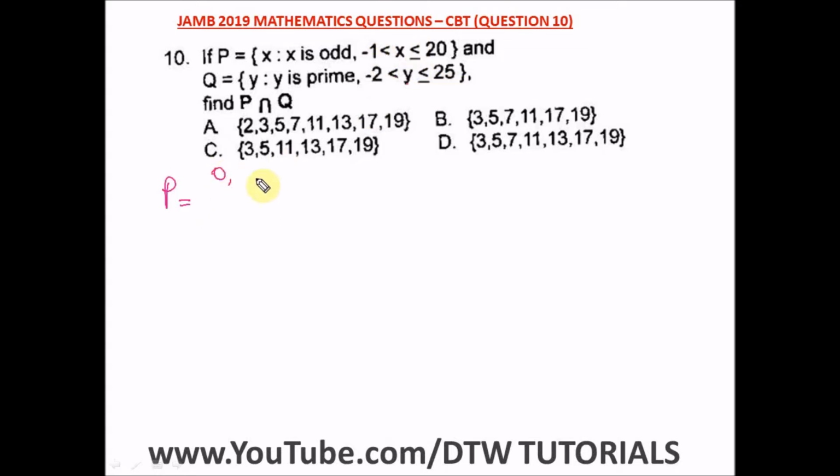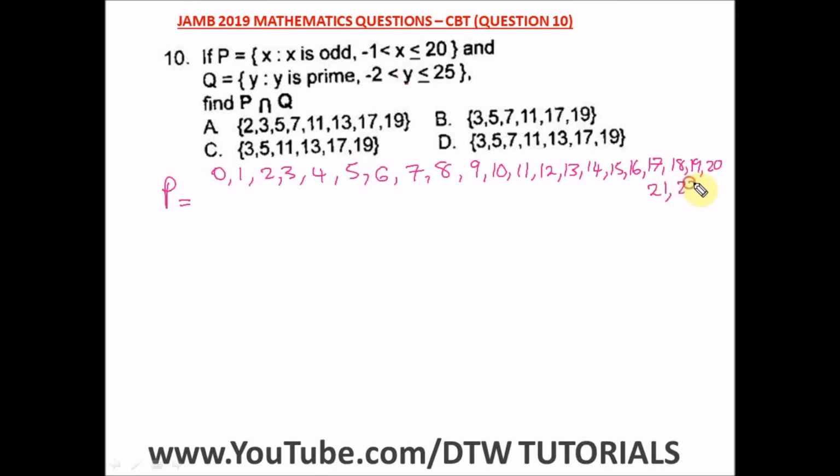We have up to 25, so let's just write 1, 2, 3, 4, 5, 6, 7, 8, 9, 10, 11, 12, 13, 14, 15, 16, 17, 18, 19, 20, 21, 22, 23, 24, then 25.